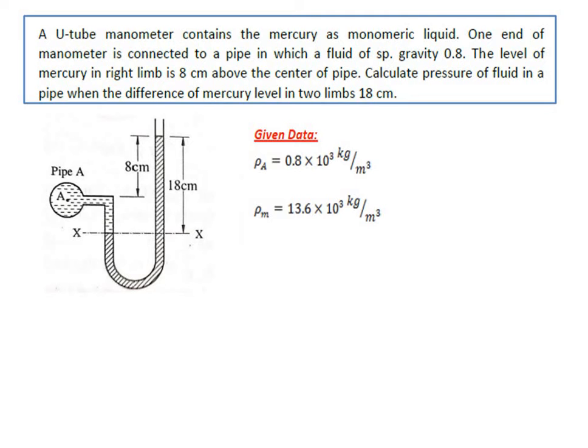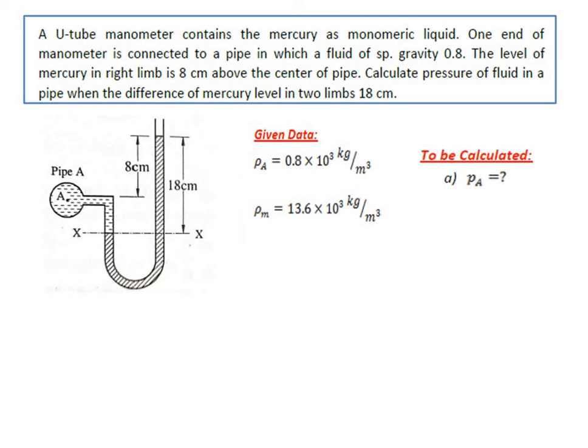Have you understood how rho m is equal to 13.6 into 10 to the power 3? Because the specific gravity of mercury is 13.6, the density of mercury is specific gravity into density of water. So 13.6 into 1000 is 13.6 into 10 to the power 3 kg per meter cube.